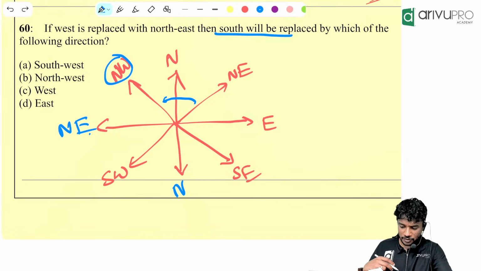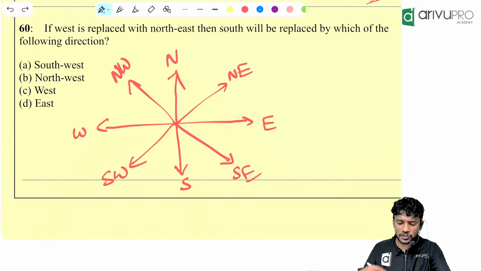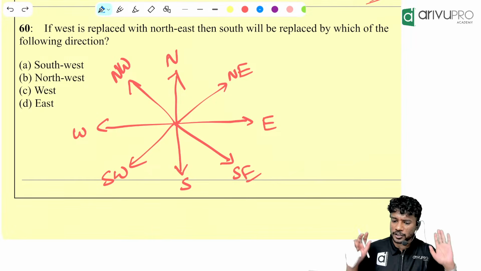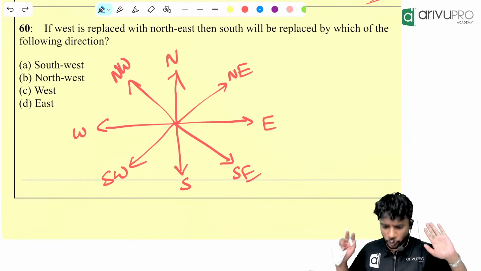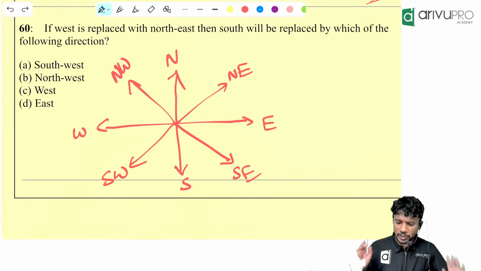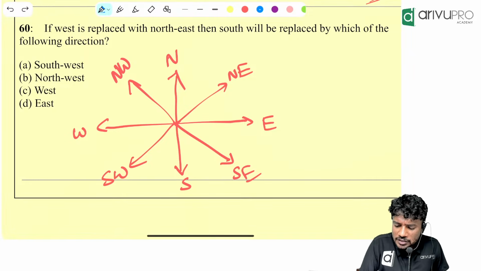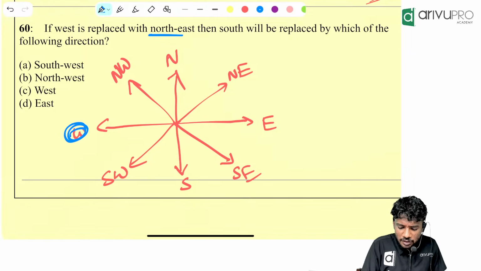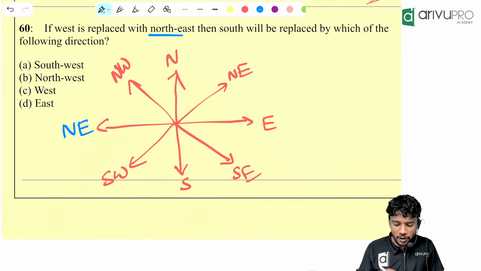Again, a repetition for you guys. Listen carefully. What is given? They have given the normal directions, which we draw as we usually do. Then they are telling us west is replaced with northeast. Instead of west, we are putting what, people? Northeast. Then opposite will be what?